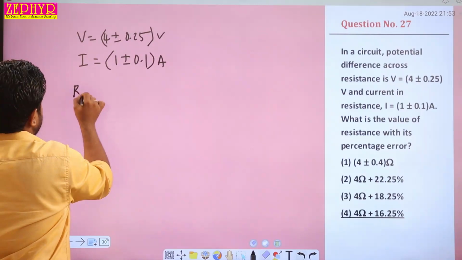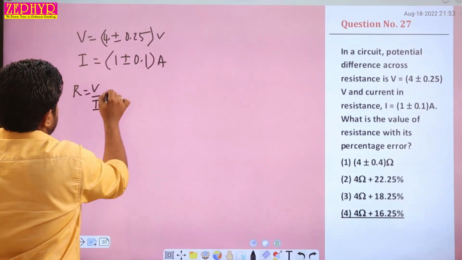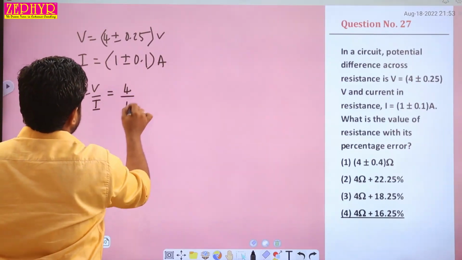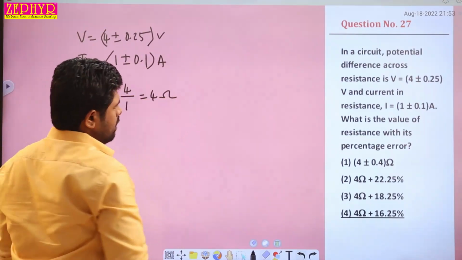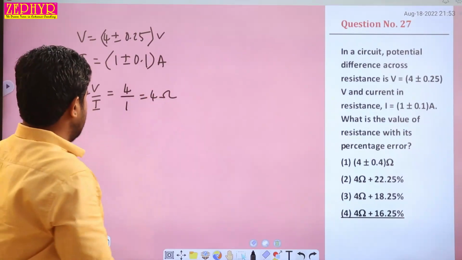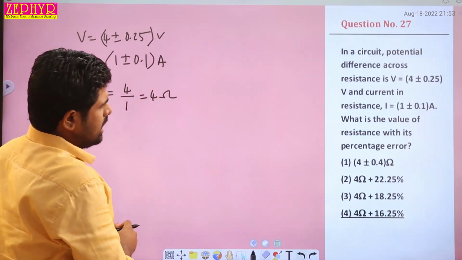Here we know R is equal to V by I. So the result is 4 divided by 1, that is equal to 4 ohm. 4 ohm is the true value.